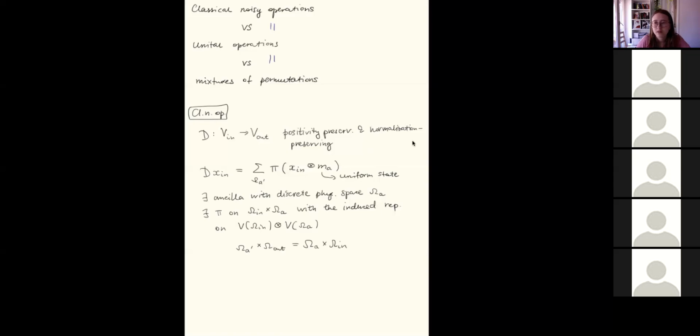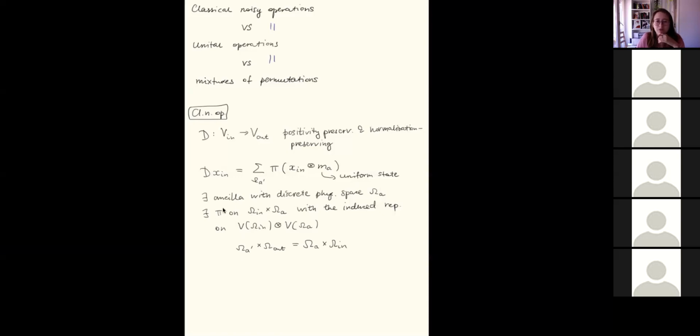Can I have a question? Yes. What do you mean by induced representation? So essentially, what we are doing here is we have some physical states in this space omega A, right? And then for each state, we have this vector of probabilities, which is expressed in this V of omega_in, for example.